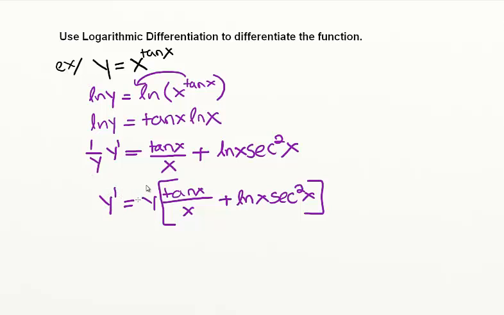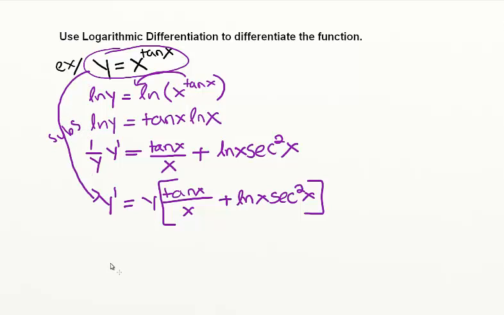That's what we wanted. But the one thing you can notice is up here we have y explicitly defined as a function of x. y is equal to x raised to the power of the tangent of x. So we can actually substitute that back in for y.